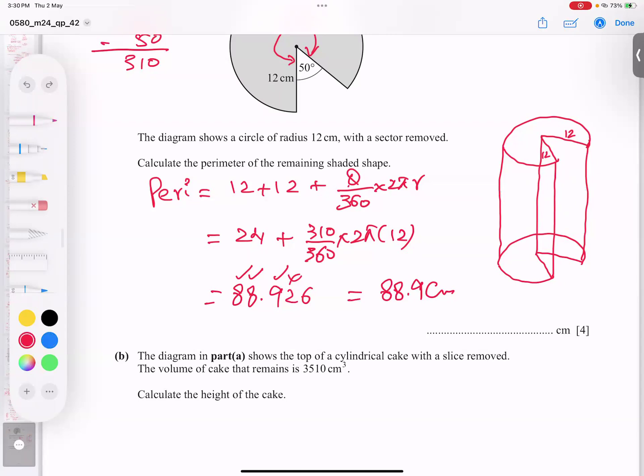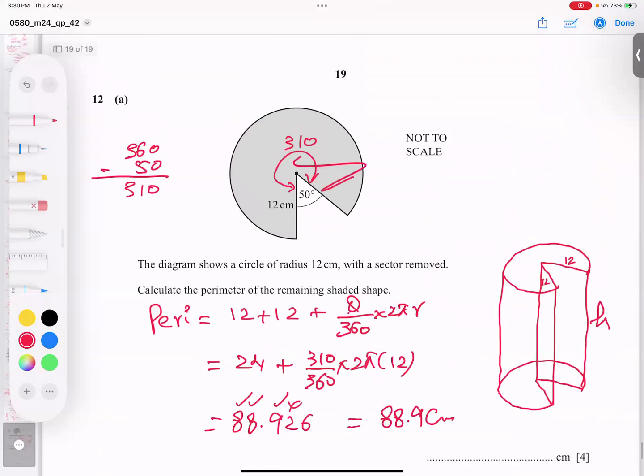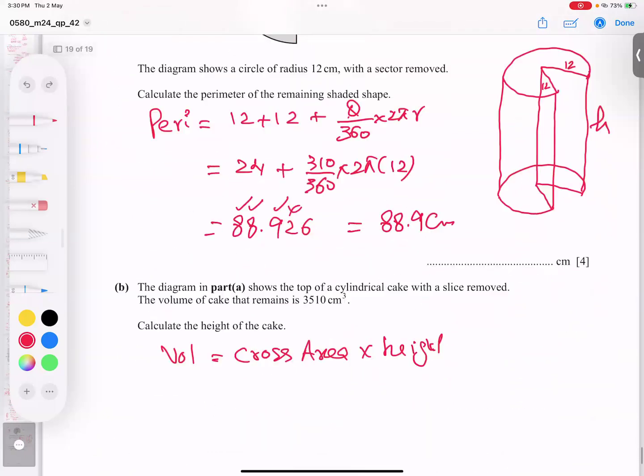So the volume formula for this kind of shape is cross area into height. Height of the cake, I don't know, so H, but the cross area is this shaded area. So I can find it, and cross area and volume is this, 3510, theta over 360 into pi r square.